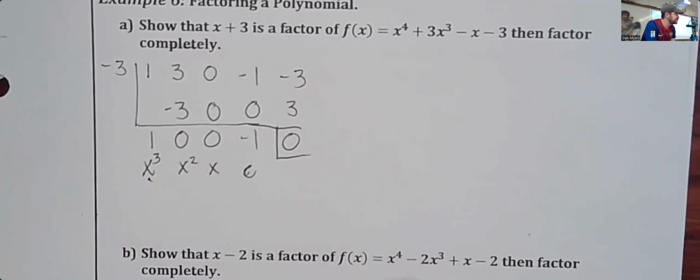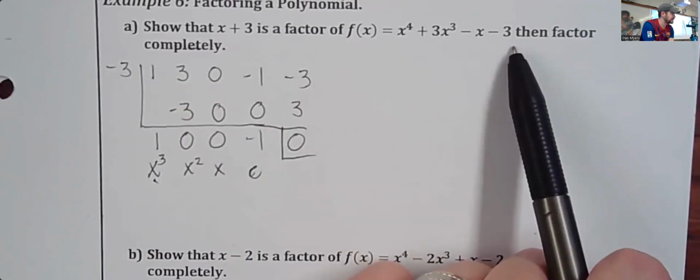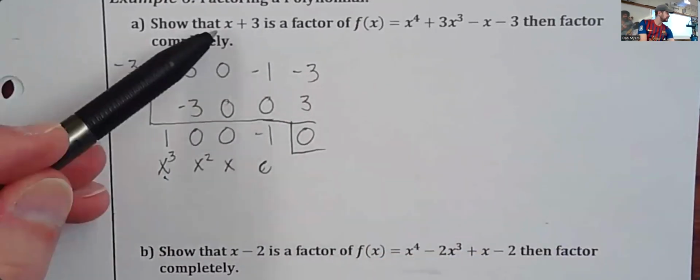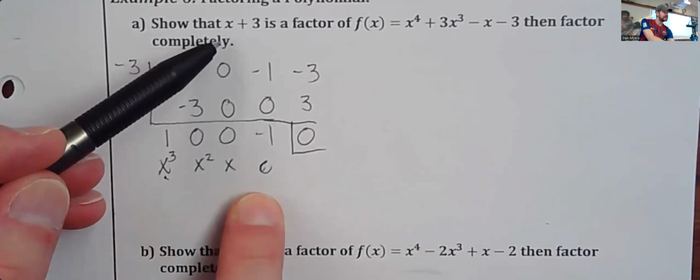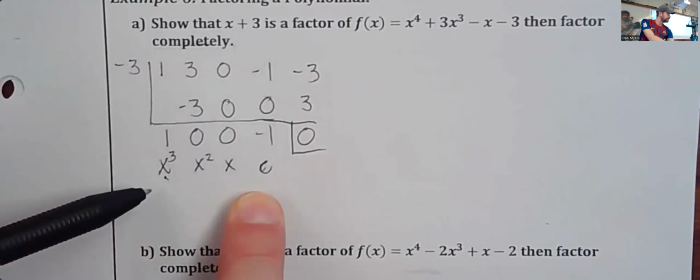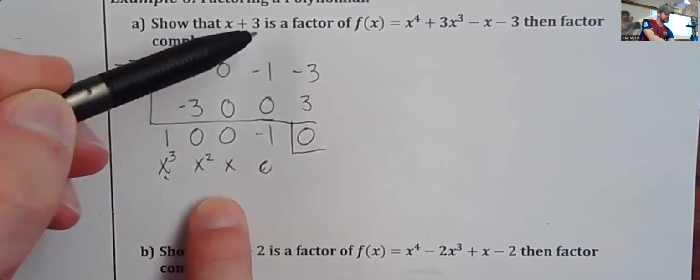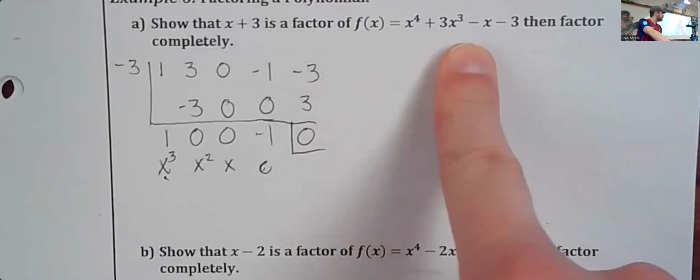So that means that the two things that are factors would then have to multiply to equal the original polynomial, correct? So like this, x plus 3 times that, x cubed minus 1, those would be the two things we're multiplying to equal that. So that's what we're going to do.